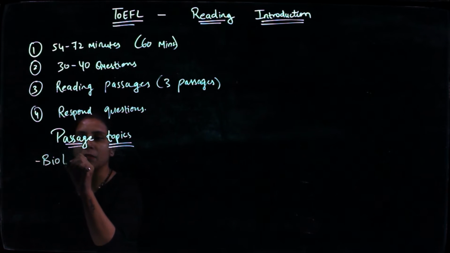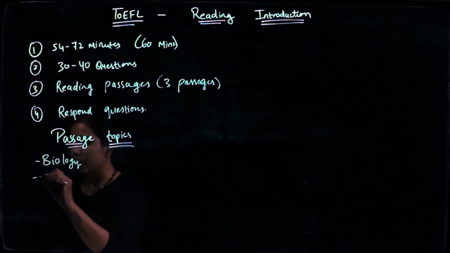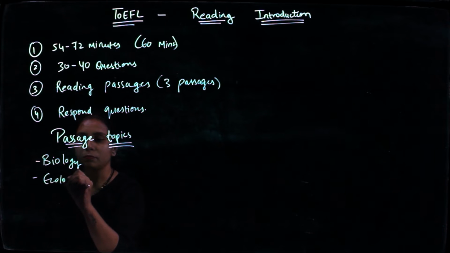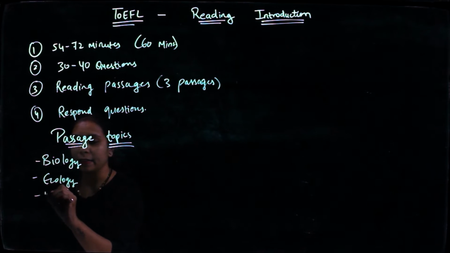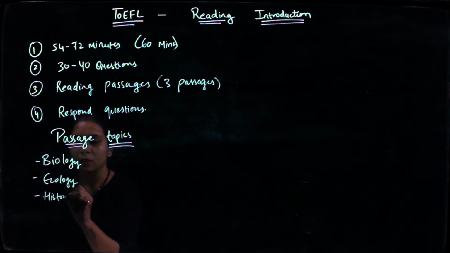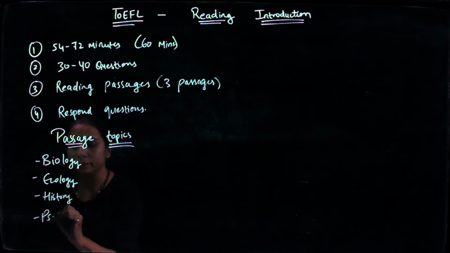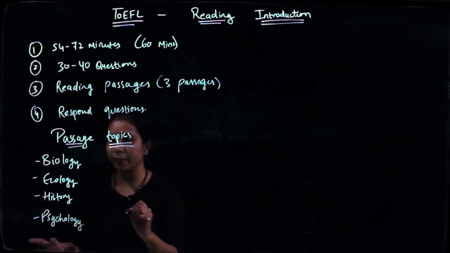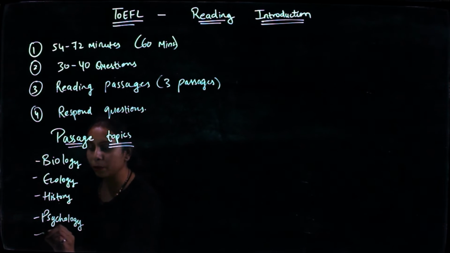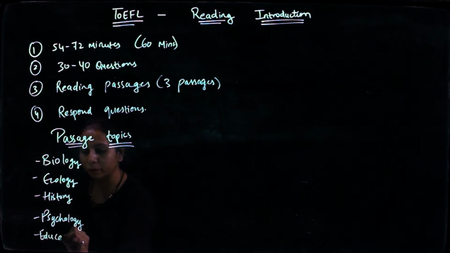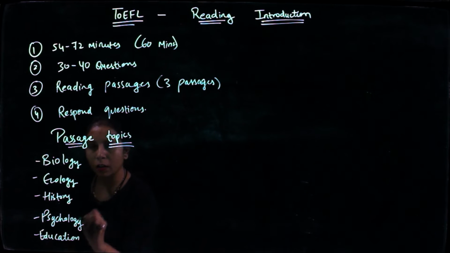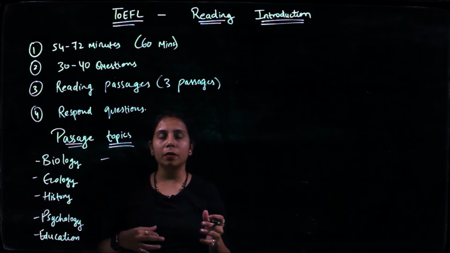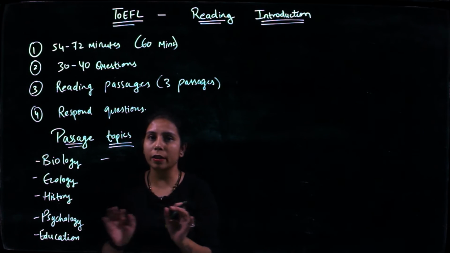So maybe it can come in biology, say ecology. It can be of any kind. History, psychology. The passages could be related to any topic which I am telling you right now. Education. And there is no standard that only these 3 come.